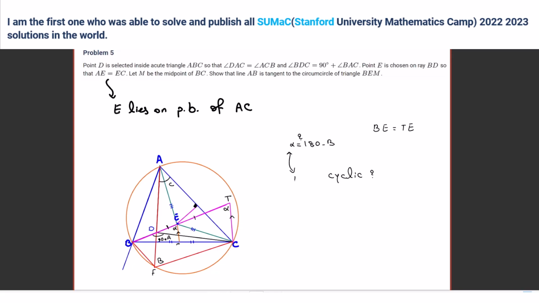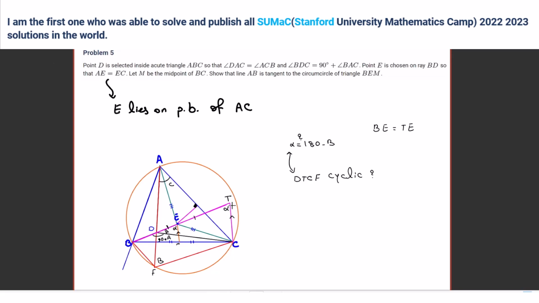DTCF. We should prove DTCF is cyclic, right? Agreed? Okay, so suppose this angle is beta, okay? BDC. Beta is 90 minus A, right?